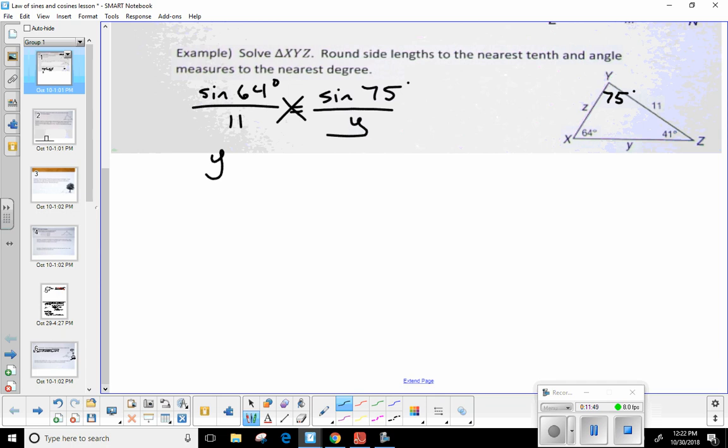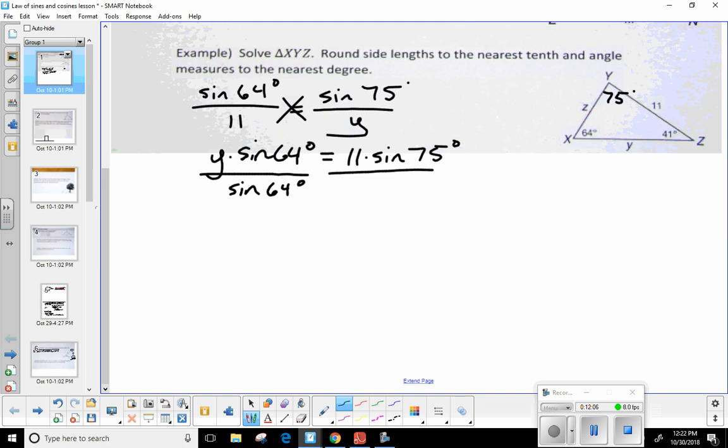So this would be Y times the sine of 64 degrees is equal to 11 times the sine of 75 degrees. And what would I do to solve for Y? Okay, divide through. So sine of 64 degrees, sine of 64 degrees, those cancel. So that expression should give me the length of Y.